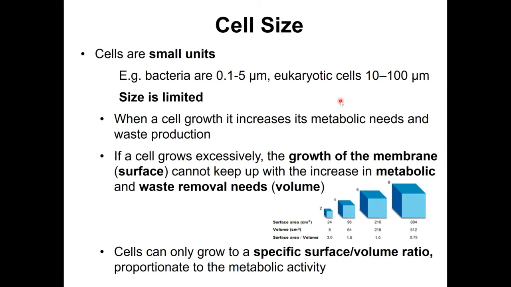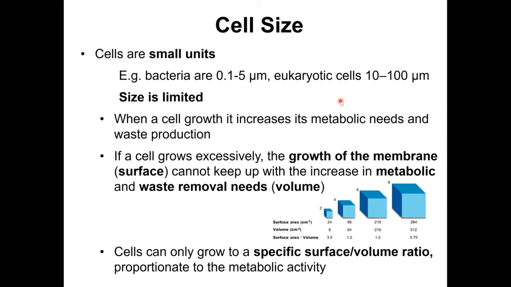However, if a cell is growing, obviously the membrane is growing too, but the membrane is growing slower. And the membrane is essential to move all these building blocks, amino acids, and waste in and out. It's necessary. So if a cell keeps growing, you have the growth of two things: metabolic needs and the need to move this material in and out.